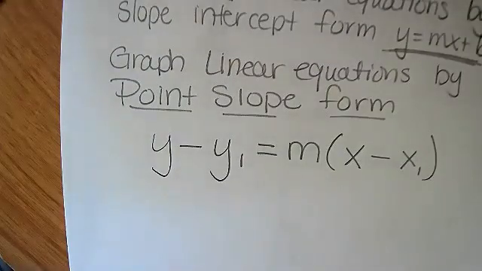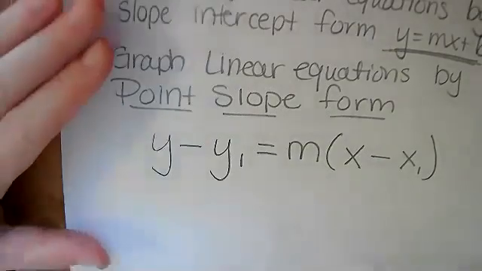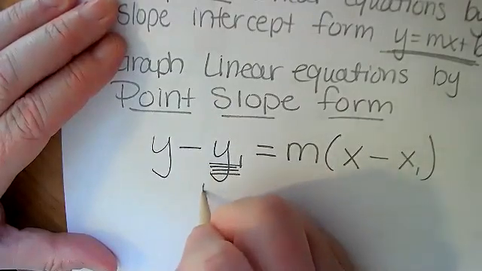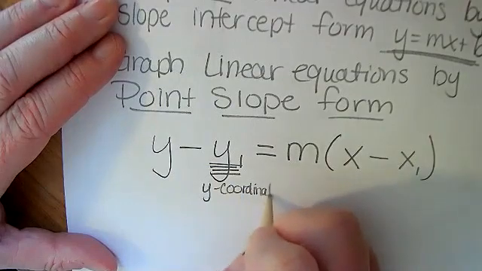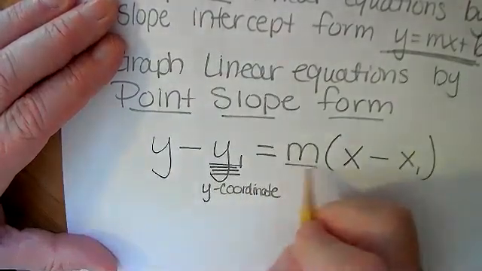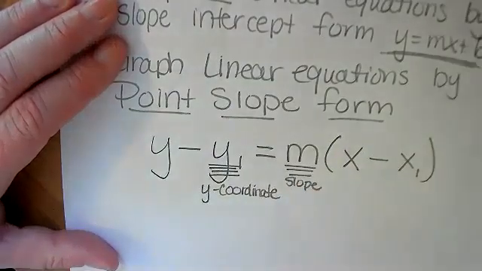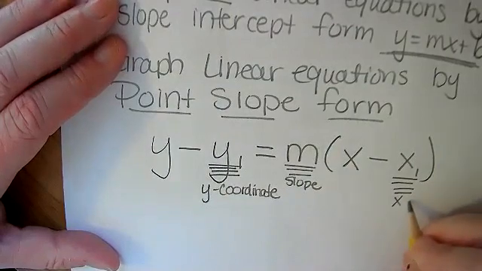Now here's what I'm going to tell you guys. The three things in here will be replaced with values. This will be replaced with your y coordinate, this will be replaced with the slope of the line, and this will be replaced with your x coordinate.